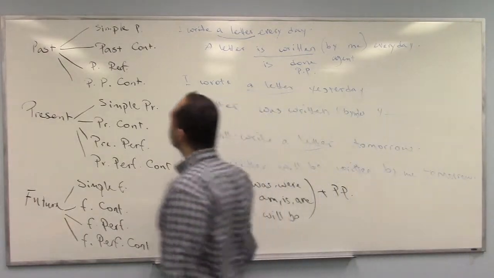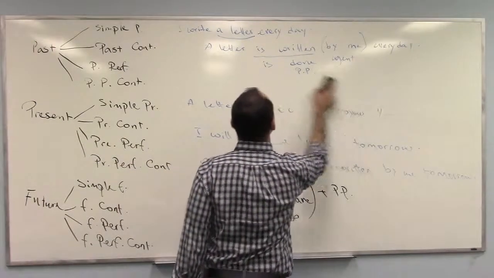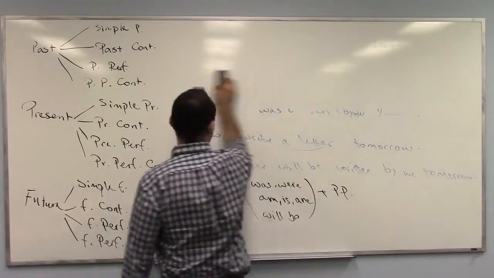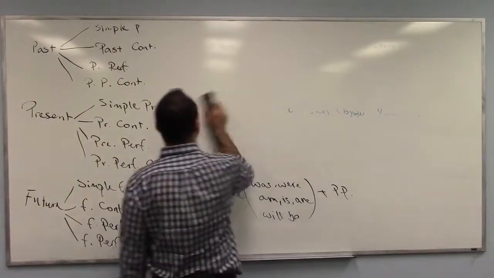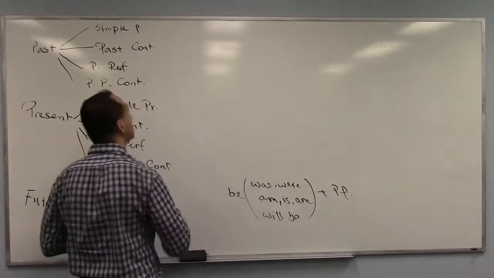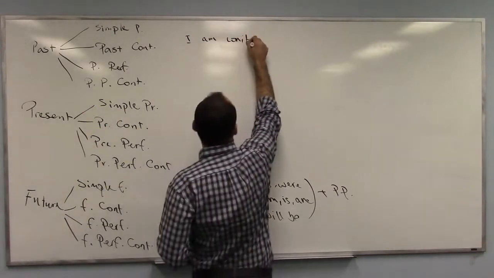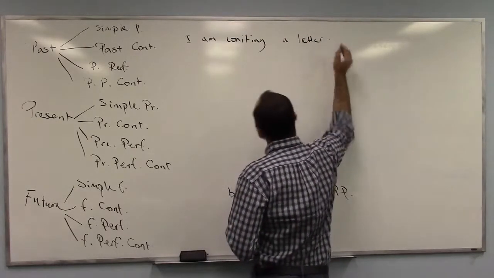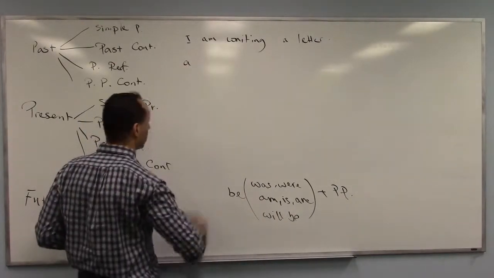Now, these are simple tenses. Now we want to go continuous. I am writing a letter. So for simple cases, let's keep the formula. The letter is being written. Very good. So if I say I am writing a letter, it would be a letter, which would be capital.